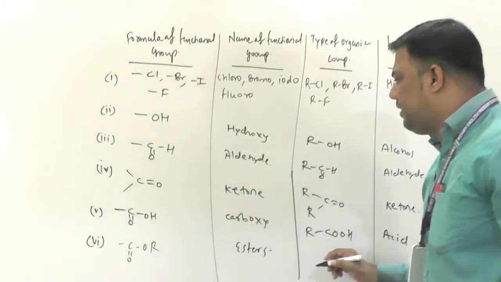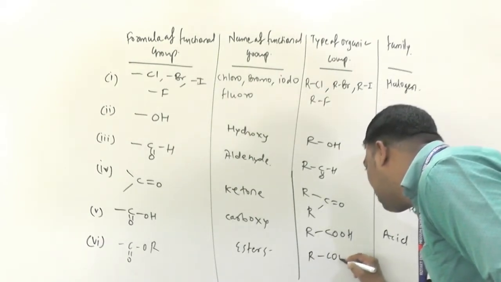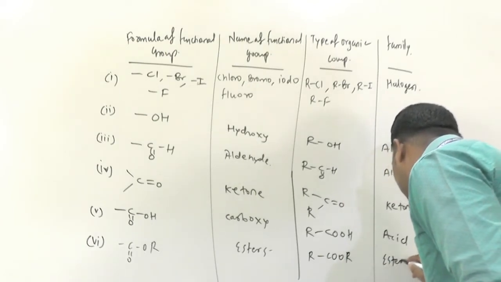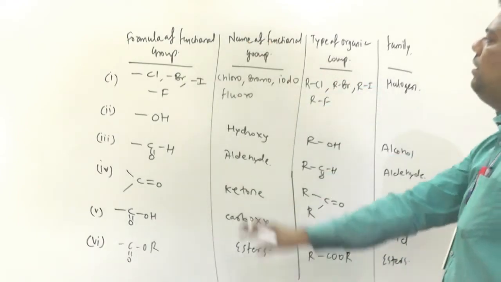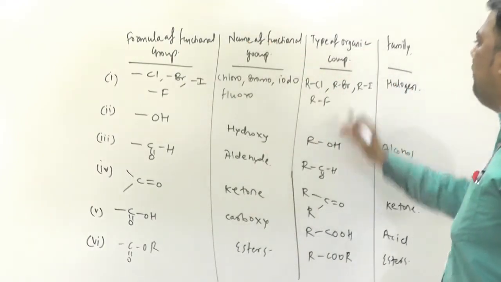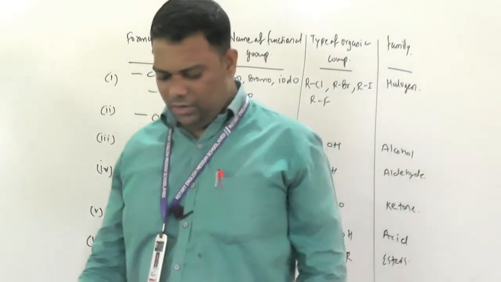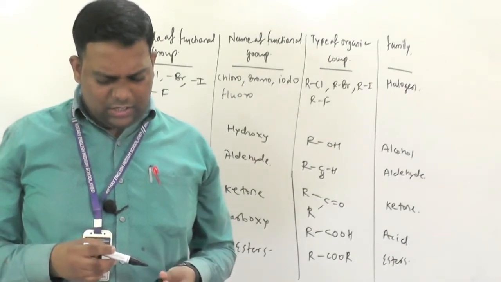We can write this as RCOOR. So these are the formula, name of functional group, type of organic compound, and family. These are a few important ones.